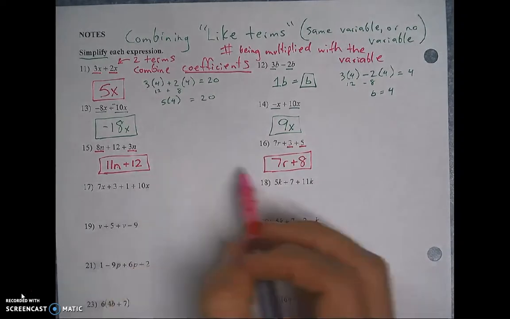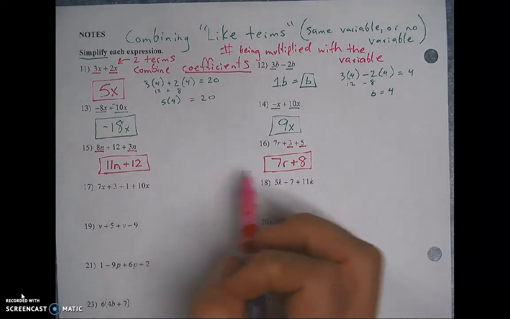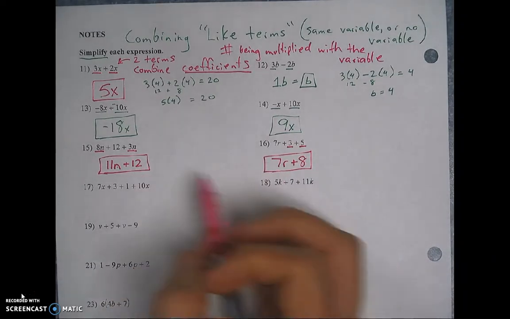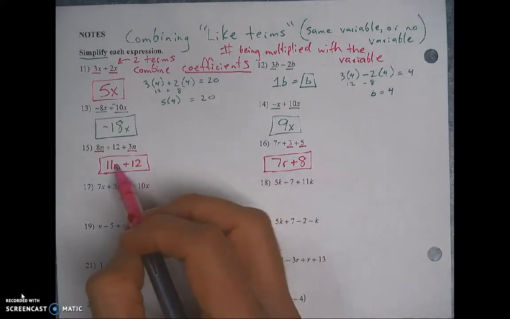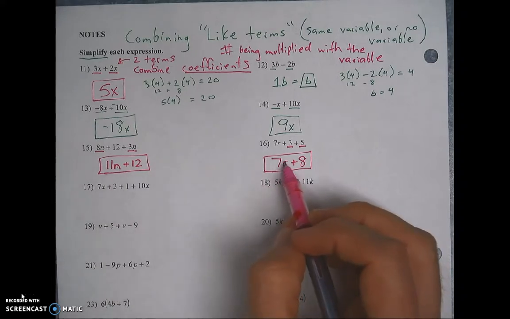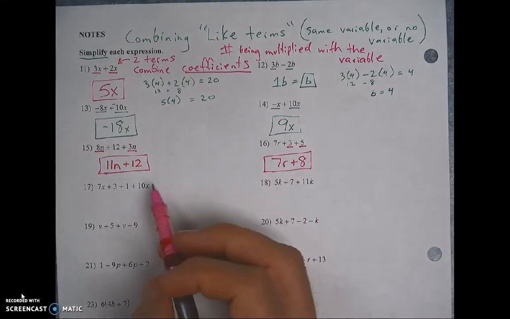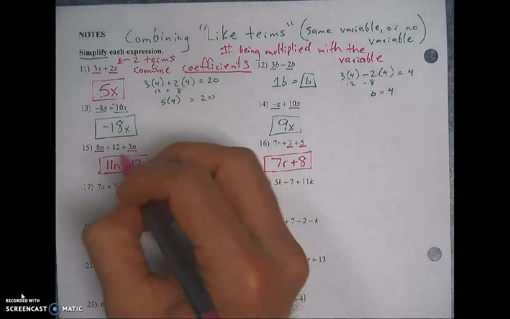Now notice how I wrote these first 2. Maybe you didn't realize I was doing it on purpose. But when I have more than one term in my answer, I've always put the n and the r up front. And that wasn't on accident, that's on purpose. So let's make note of that.